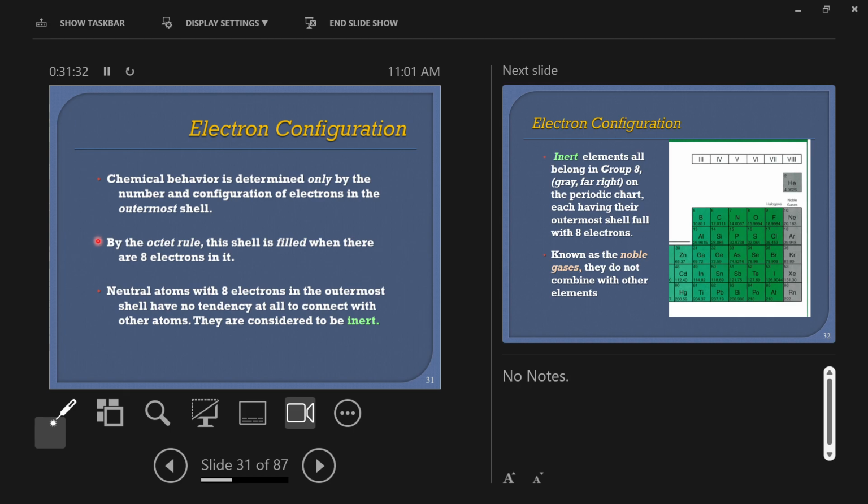The outermost shell is filled by the octet rule when there are 8 electrons in it. Neutral atoms with 8 electrons in the outer shell have no tendency to interact with any other atoms. They are considered inert, and we put them in the rightmost column and call them noble gases. Why are they gases and not like noble solids?